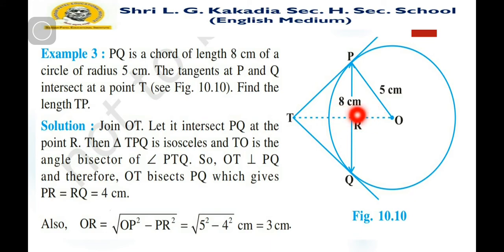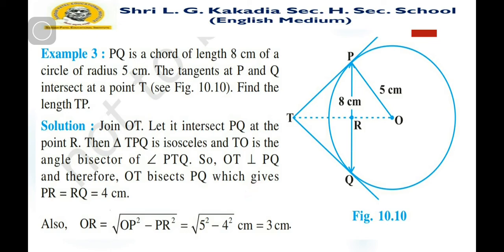Now we can find OR because PR is 4 centimeters, PO is 5 centimeters, and PRO is a right triangle. So we can easily find OR using the Pythagoras theorem. OR is equal to the square root of OP squared minus PR squared, which is equal to the square root of 5 squared minus 4 squared, which is equal to 3 centimeters.